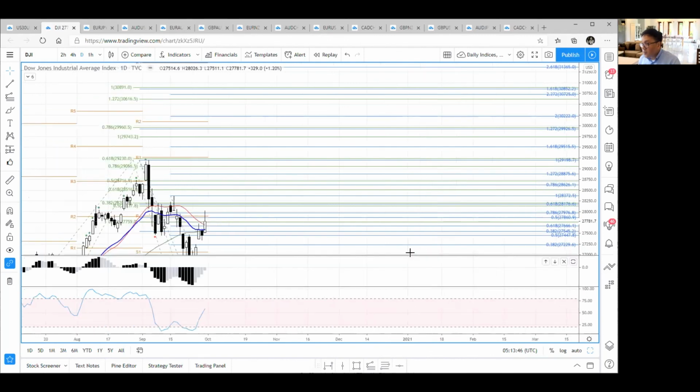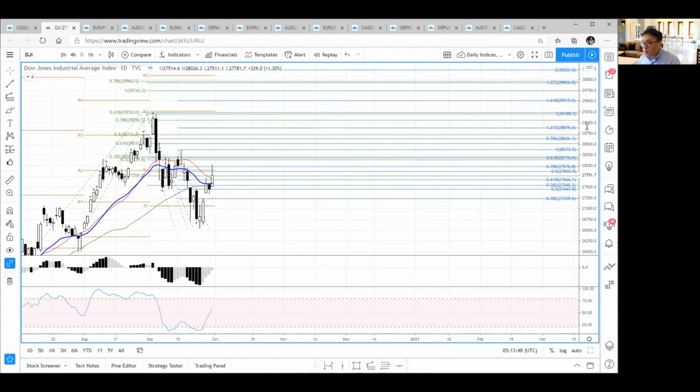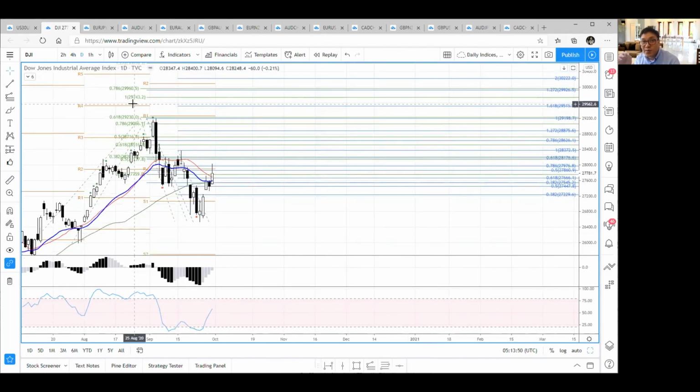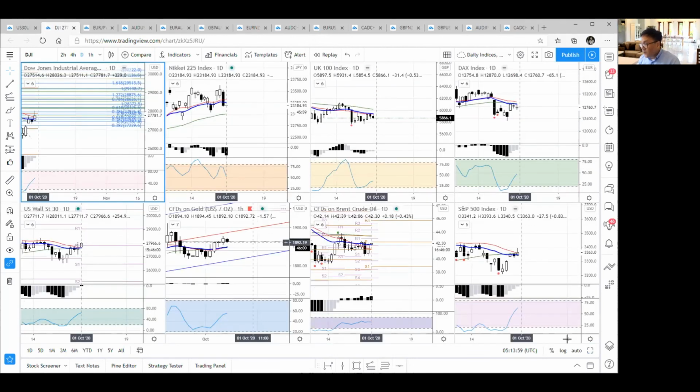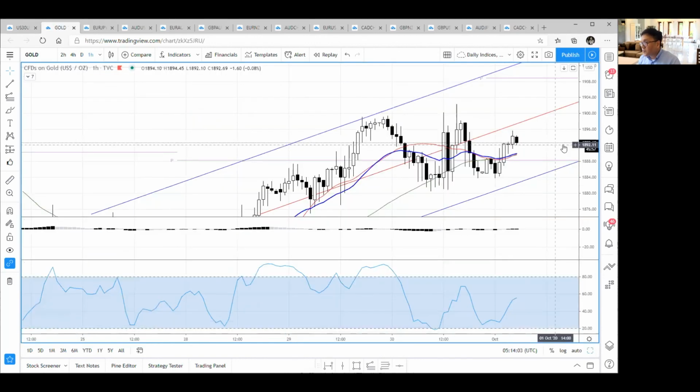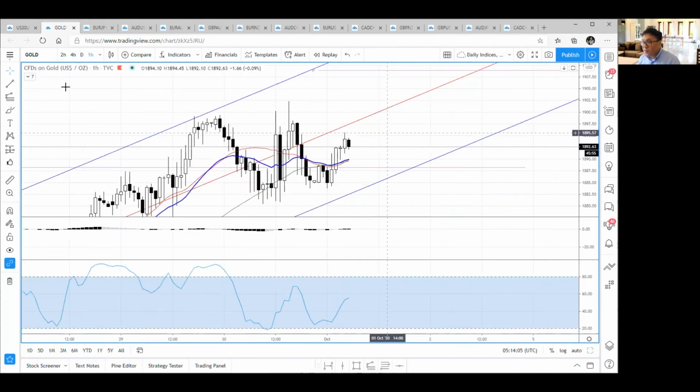Nothing is 100%. Again, I give you the tools to read the market: use SEF and use harmonics. So that's for the Dow. Later you learn this in the gold class.